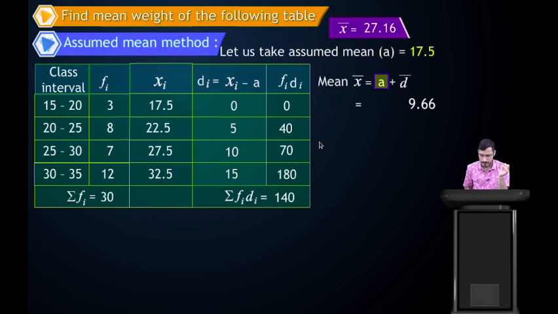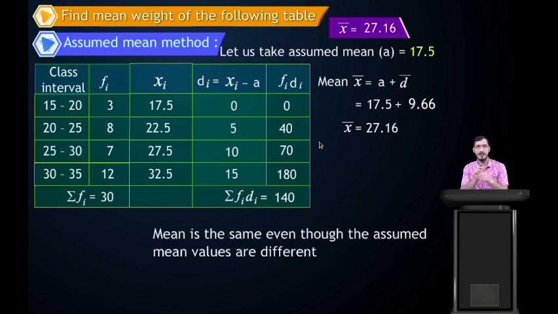So A, that is 17.5, plus 9.66. What will we get here? Again we get 27.16. So students, x bar is 27.16. So the mean is the same, even though the assumed mean values are different.